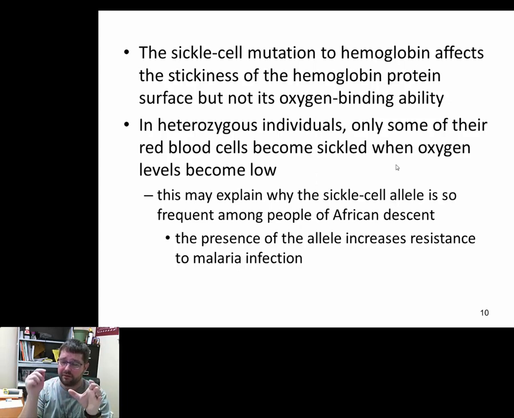And malaria embeds itself into the red blood cells and consumes hemoglobin, eats hemoglobin, and then ruptures the red blood cell and goes to the next one, on and on. Well, if your cells are sickle-shaped, malaria can't penetrate that rigid cell membrane. So individuals who have sickle cell-shaped red blood cells are resistant, immune to malaria.